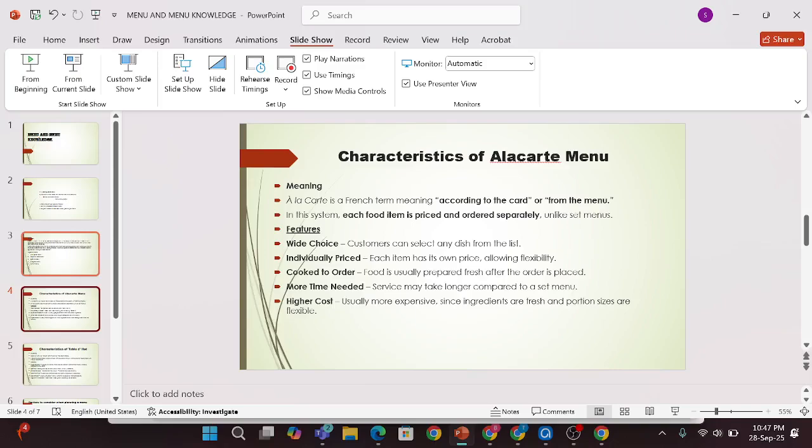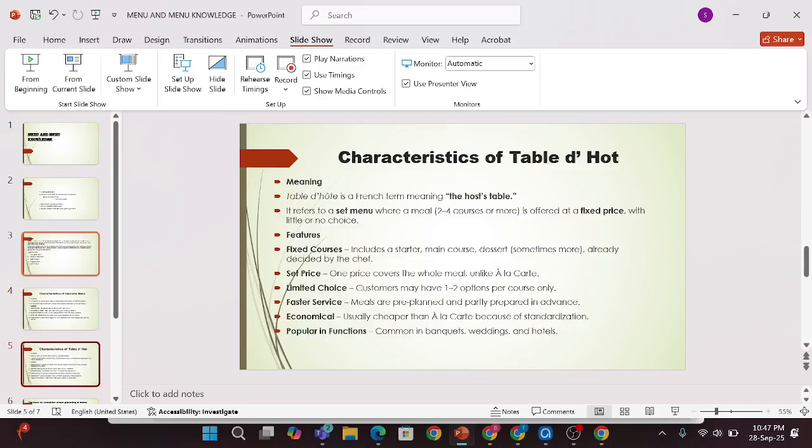So next we're going to check on some other examples. We have another example, table d'hote. On this table d'hote, menus are normally offered at a fixed price, whereby you find if a certain dish, let's say it's chapati and red meat or beef stew and sauteed spinach, they're all served in one plate, but the price is singular.